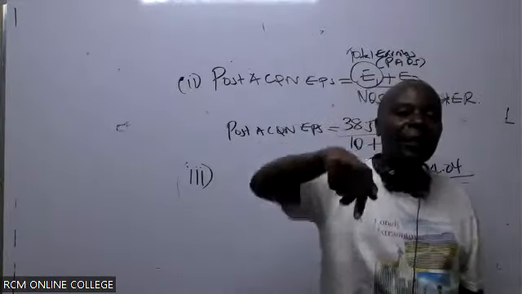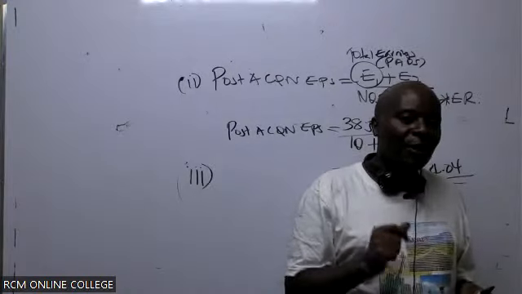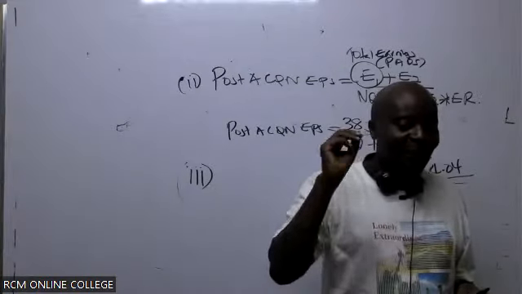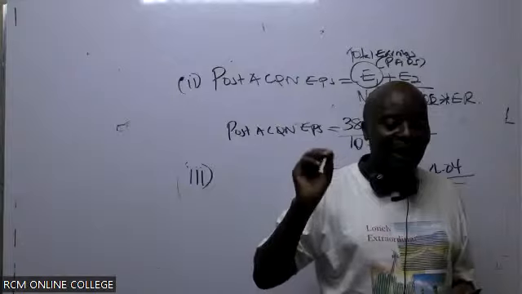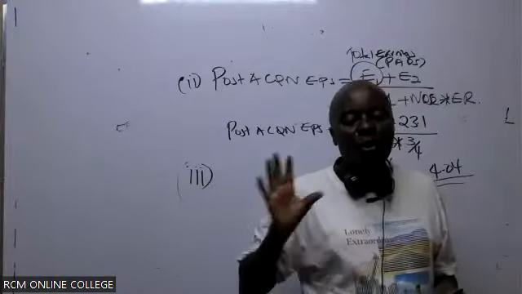And I gave you some secret. I told you whenever a debenture is involved, whenever a preference share is involved, there is something that I must always remember: exchange ratio will always be equal to 0.